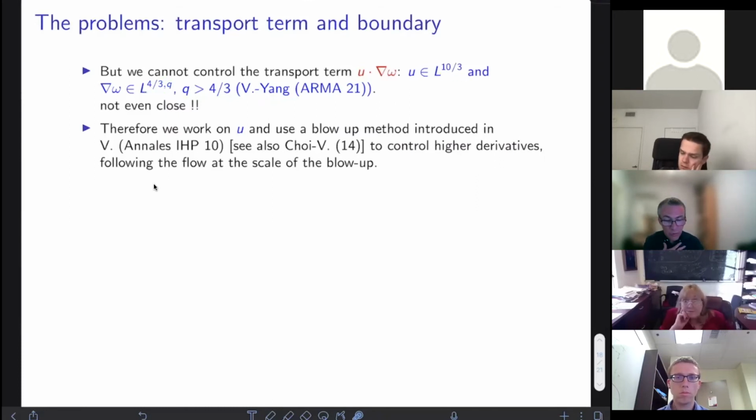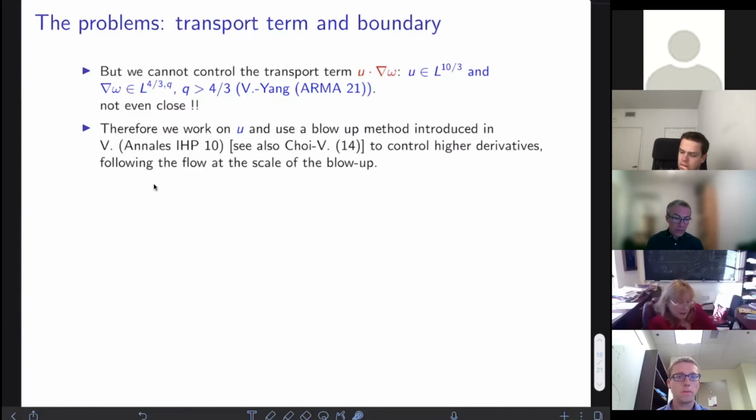You need L4, and 10/3 is less than 4. So this means that they are not in duality. Even with the best techniques that you can hope for, u gradient omega is not controlled, which means that the difficulty is in the transport part.